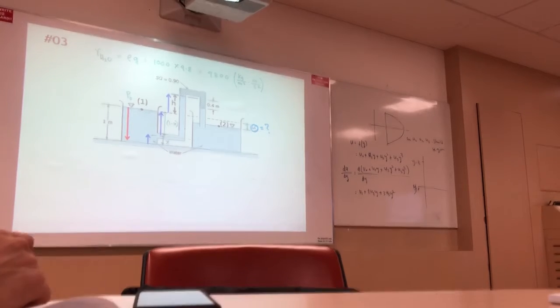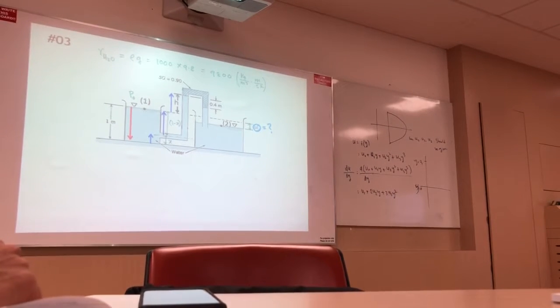So this indicates one tank. Take a look. This indicates one tank. This is another tank, right? So this indicates one water level and this indicates another water level. The difference between the two water levels is delta H, and you have to find the value of delta H.